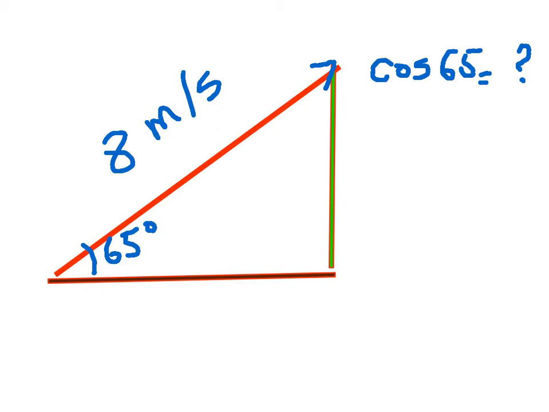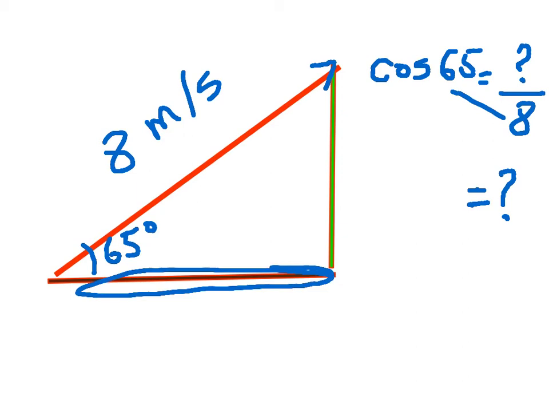It's the same mathematical principle. All you have to do to figure out the horizontal component is multiply these two. You realize that the value for our horizontal component is going to be equal to 3.3 meters per second.